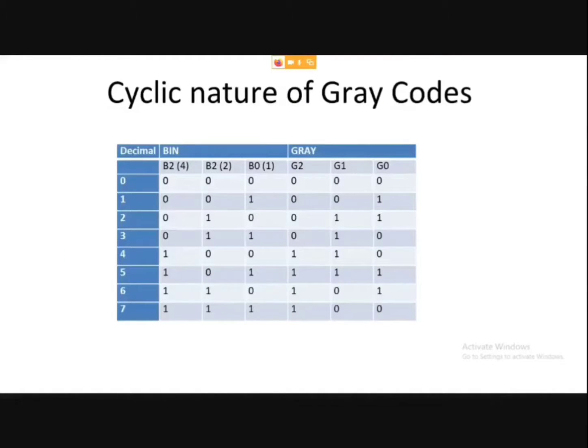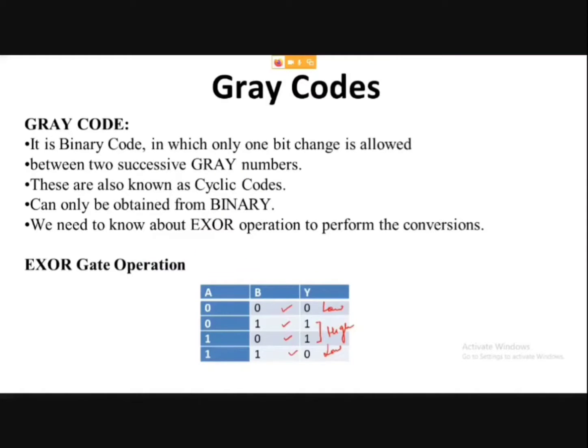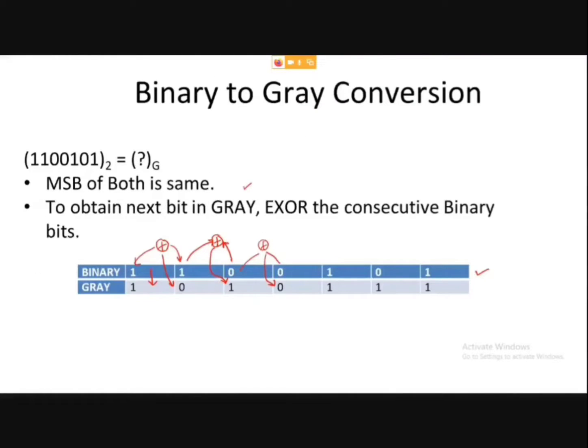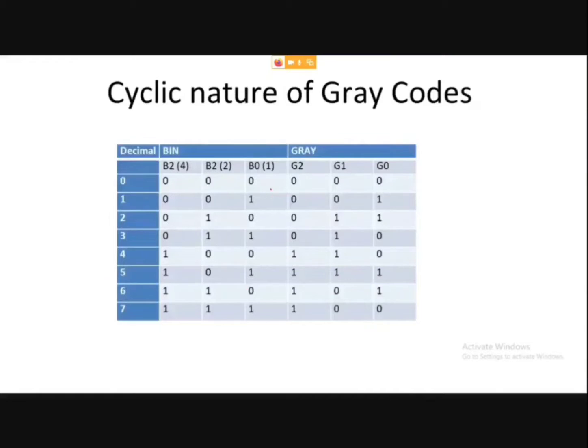So why are these called cyclic codes? For this, we made a claim here, the first point, in which we stated that only one bit change is allowed between two successive gray codes. Now coming back to this table, I have written the binary for 0 to 7, and the gray equivalents for these binary numbers. Clear? So these are my gray codes, which I have converted using the conversions I discussed in the previous slide. If you check two successive gray numbers, they differ by only one bit.